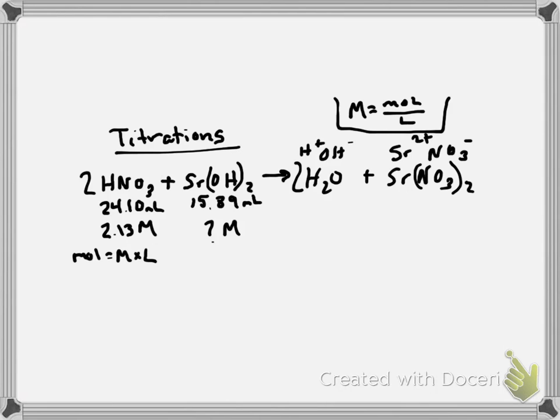These volumes are given in milliliters, so we have to move the decimal 3 times. Now we have them in liters. If I take 2.15 molar times 0.02410 liters, I'm going to end up with 0.0518 moles of nitric acid, HNO3.